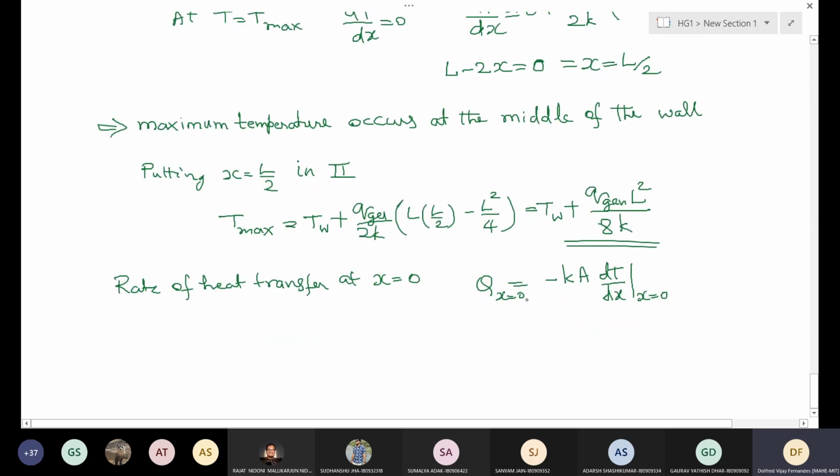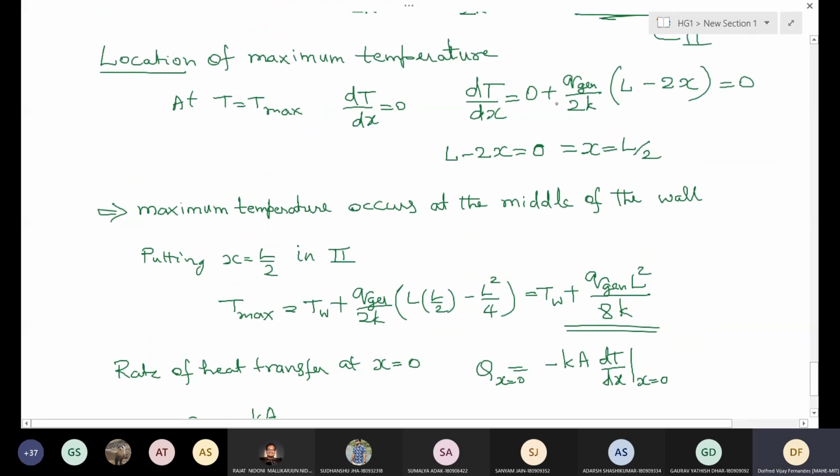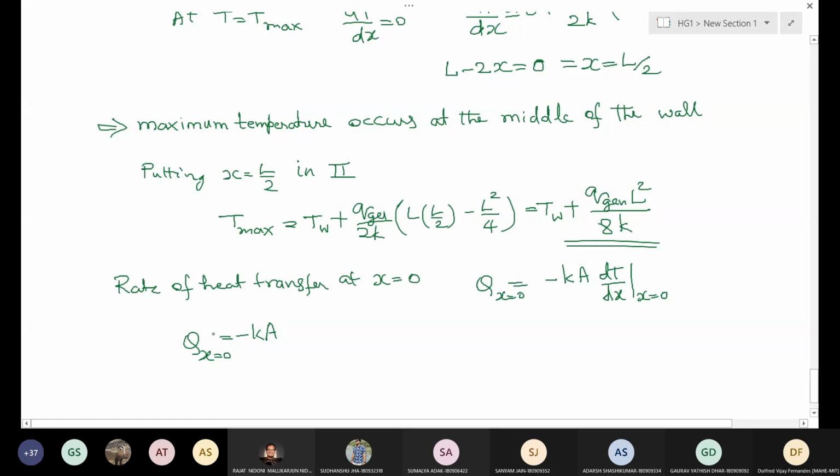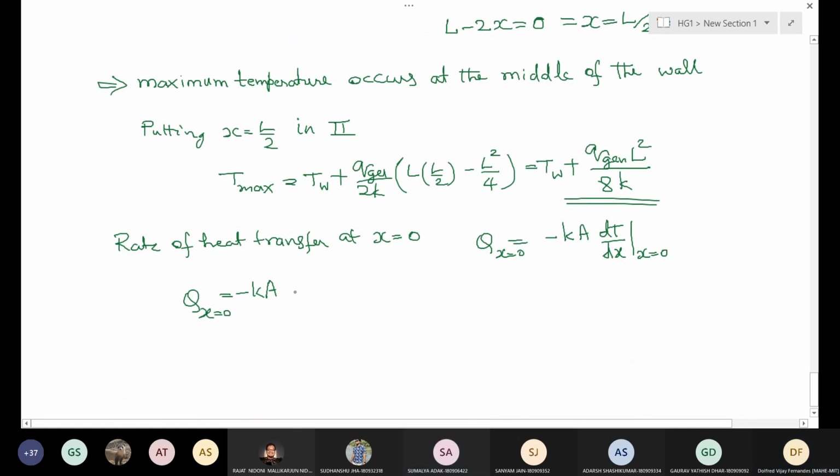What is the value? Tell me. Here itself, x equal to 0 means, what do you get? Minus KA, and no minus, right? X is 0. Q generation L by minus 2K. So this will be Q generation L by 2K. Yes.